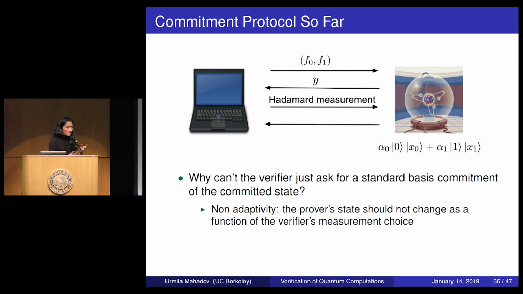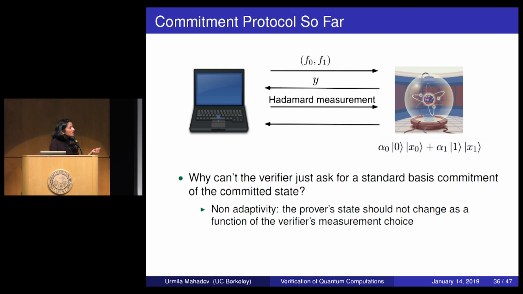Given this requirement, now I need to do something a little bit strange. I need to convince the prover to give me a standard basis measurement without him knowing that he's giving me a standard basis measurement. If you look at this protocol, the prover's perspective is he receives these trapdoor claw-free functions and he's asked for a Hadamard basis measurement. But now what I need to do is keep his perspective exactly the same, but collect a standard basis measurement from him instead.